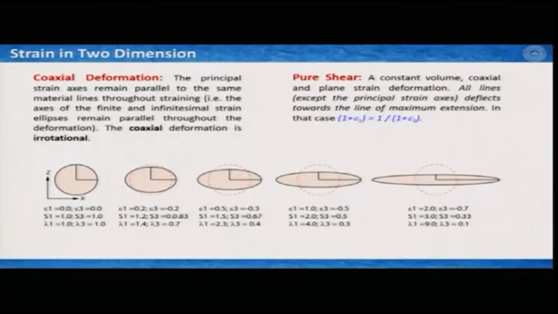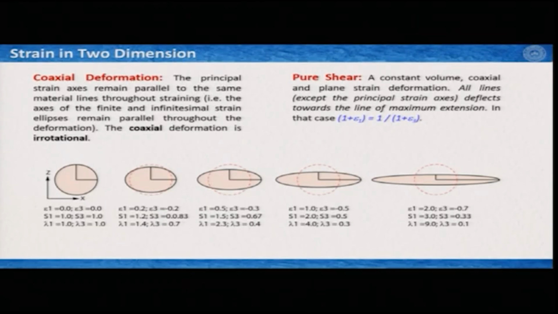So a coaxial deformation is defined as one in which the principal strain axes remain parallel to the same material lines throughout the straining process. That means the axes of the finite and infinitesimal strain ellipses remain parallel throughout the deformation.